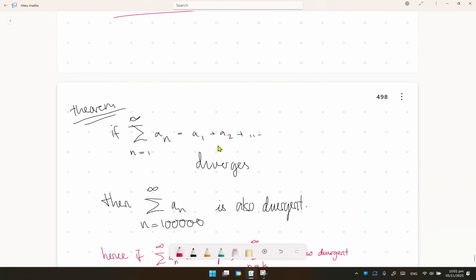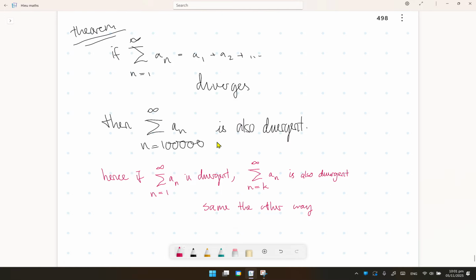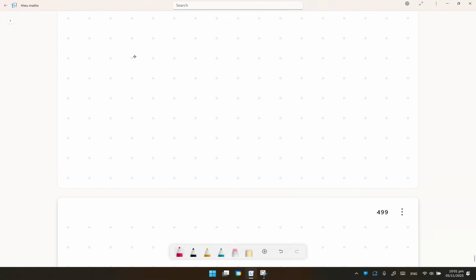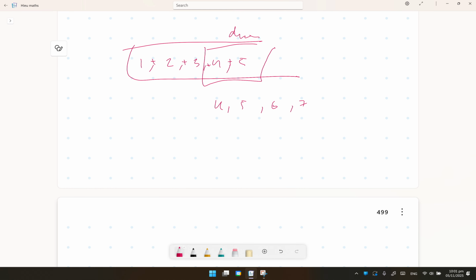Oh, and there's one final theorem, and this one's really simple. If you had 1 plus 2 plus 3 plus 4, and you're adding these together, you know for sure this is divergent because it's just going to increase to infinity. If you start taking the sum from 4, 5, 6, and 7, the sum starting from 1 is divergent, and the sum starting from 4 is also divergent.